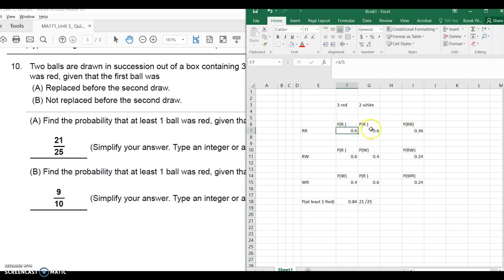So that's 3/5 times 3/5, which is 9 over 25. So 9 over 25. No, that's not going to work.